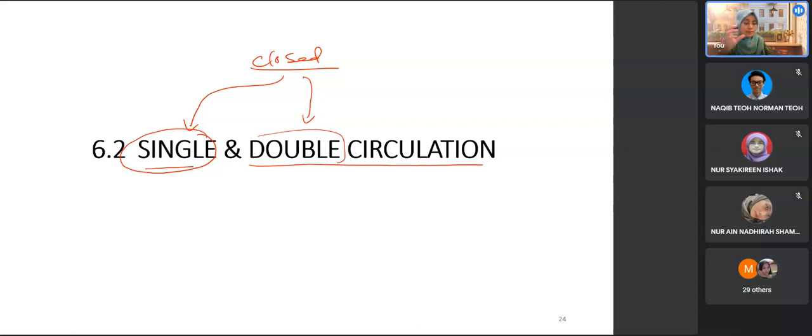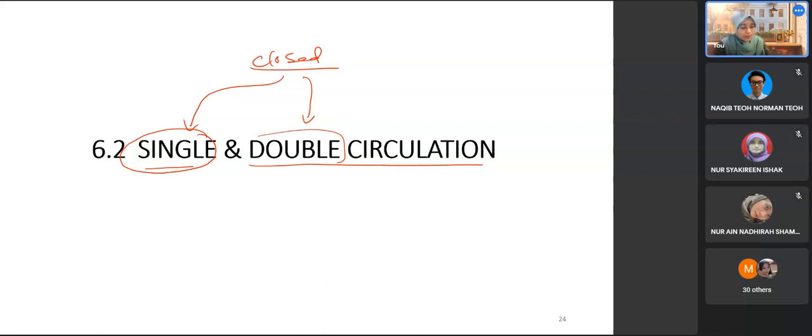The first pumping of the blood will pump the blood to the pulmonary circuit, where deoxygenated blood will be converted into oxygenated blood and back to the heart, where the heart will pump the blood into the systemic circuit. In the systemic circuit it will distribute oxygen-rich blood to all parts of your body to supply oxygen, for example.